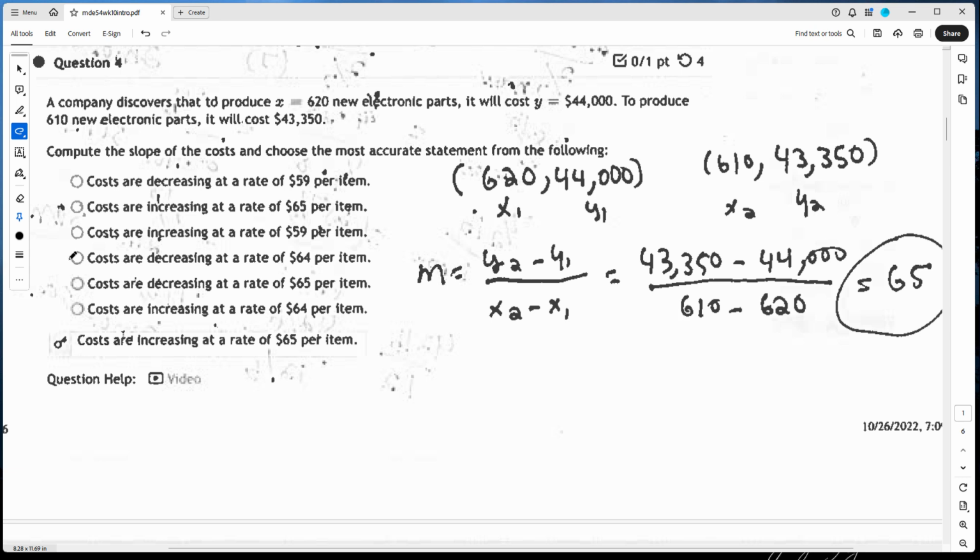So the first thing I did here, I got the slope formula. Second thing here, assign values to your variables. x1 is 620, y1 is 44,000, x2 is 610, y2 is 43,000. Then you plug in.